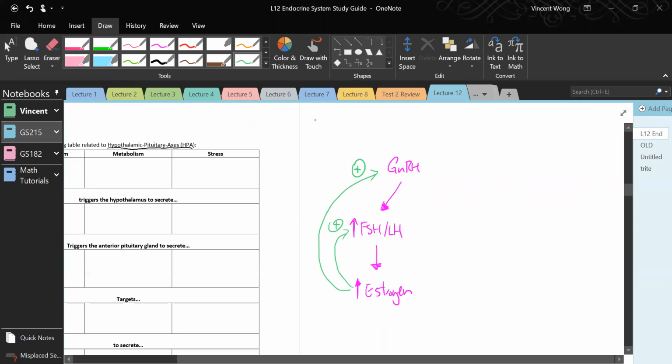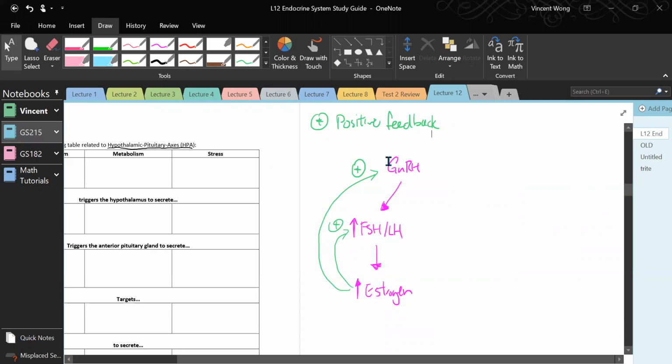Okay, so this positive means positive feedback. The meaning of positive feedback is that the original trigger will result in a series of events that would exaggerate the initial trigger.